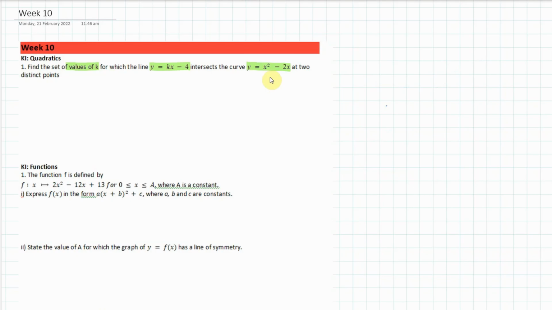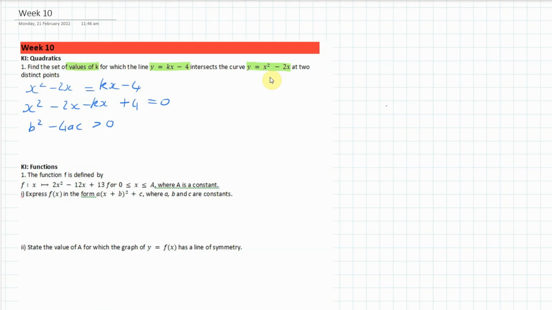But first of all, let us make the curve and the line equal to each other. We bring everything across to the same side and set it equal to 0. Now, if we're going to have 2 points where they're meeting, we know that b squared minus 4ac ought to be greater than 0.